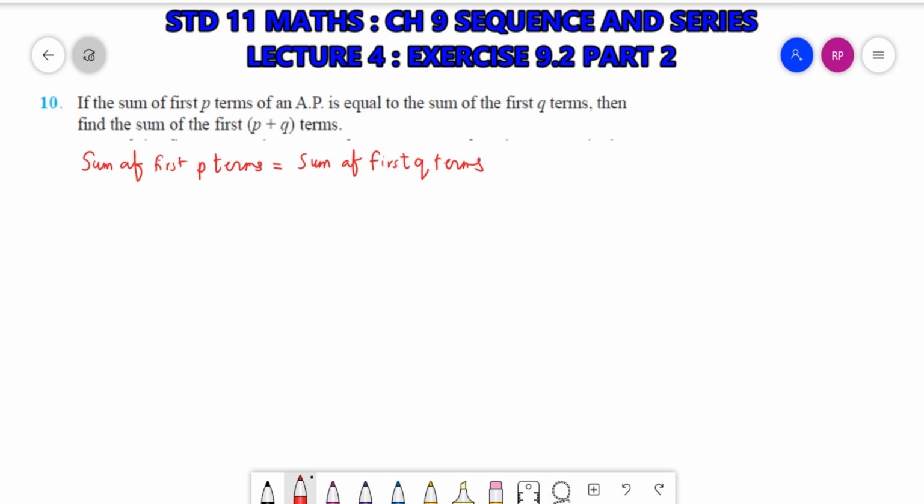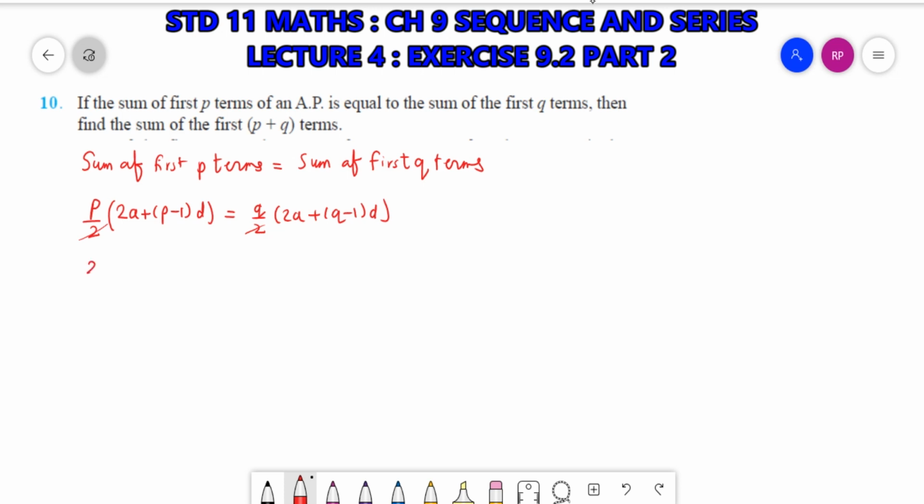q terms. Okay, so sum of first p terms, let's use the formula n by 2, here p by 2 (2a plus (p minus 1)d) equal to q by 2 (2a plus (q minus 1)d). Okay, so 2 2 will get cancelled.